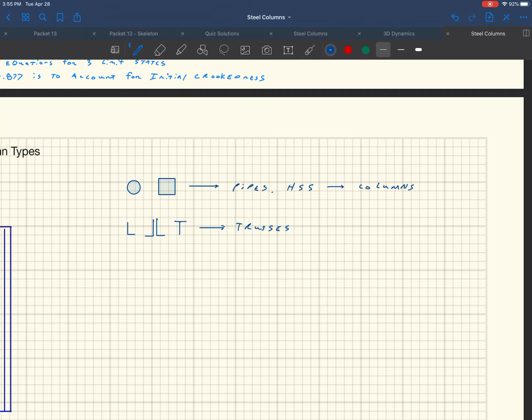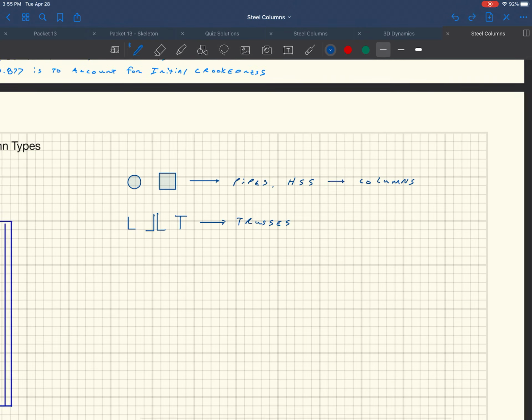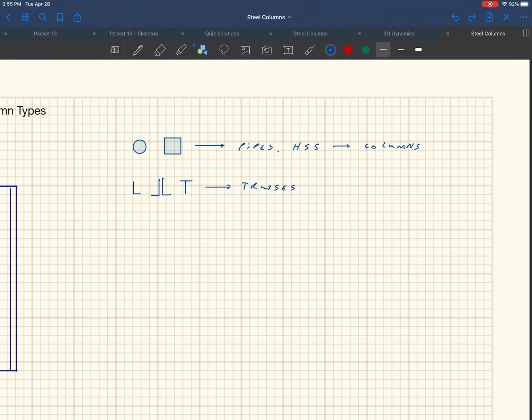In this particular case, these things get a little bit more complicated because, we'll get back to that in a second, okay? And then the other members you're going to see are I-beams, I-shaped members, okay? These things get used as columns, okay?